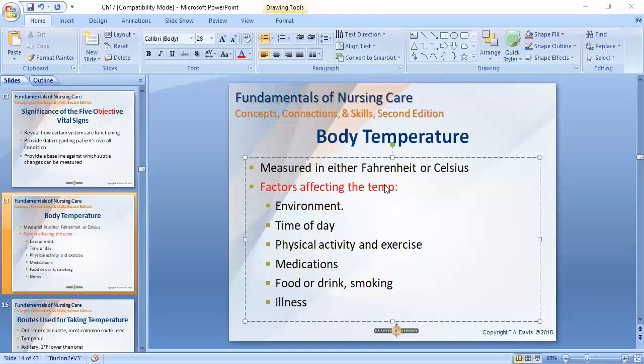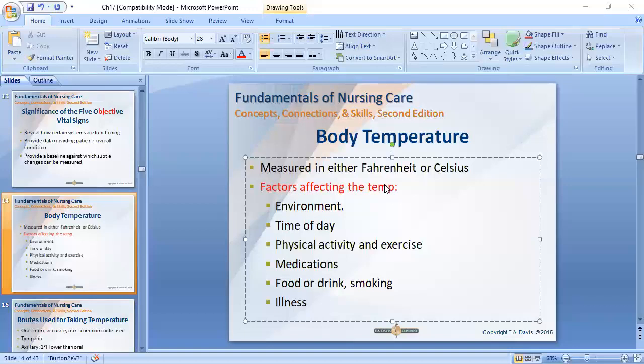Okay, so environment and environmental factor, and time of the day. Basically, if you are sitting in a cold room or in cold temperature, your temperature goes down. If you sit under the sun, or in a hot room, your temperature goes up.